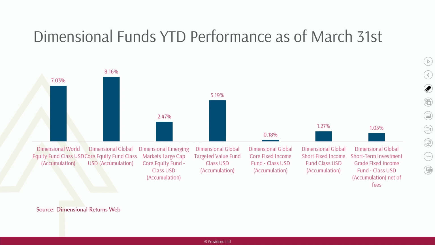Particularly, you can see that the Dimensional Global Targeted Value year-to-date performance is similar to the March performance. Why is this so? Because for the first 2 months, Global Targeted Value barely moved. But in March, value did so well that Global Targeted Value actually went up to 5.2%.